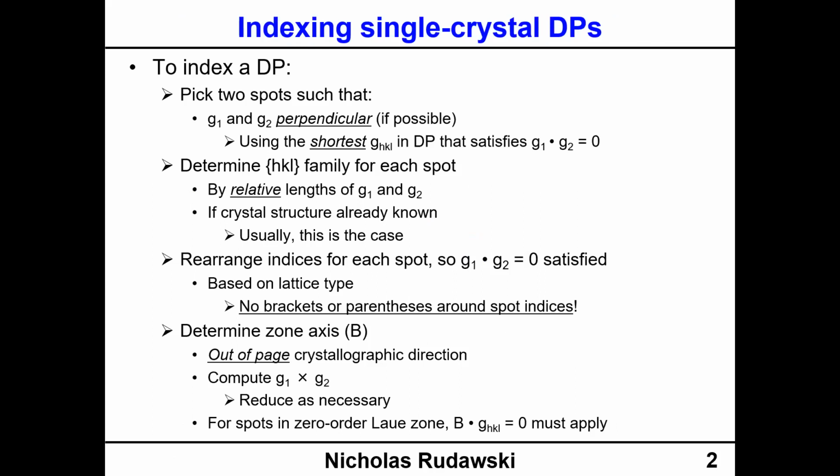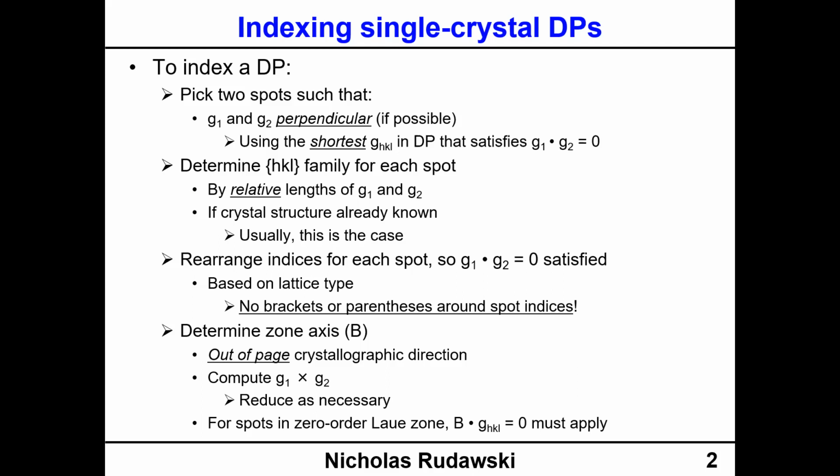Okay, so once we have that satisfied, we want to determine the zone axis. By convention, the zone axis points out of the page, up toward the electron gun. So you're looking at the diffraction pattern on your viewing screen or on your computer screen, and the diffraction pattern is the out of page direction. G1 and G2 correspond to vectors in reciprocal space.